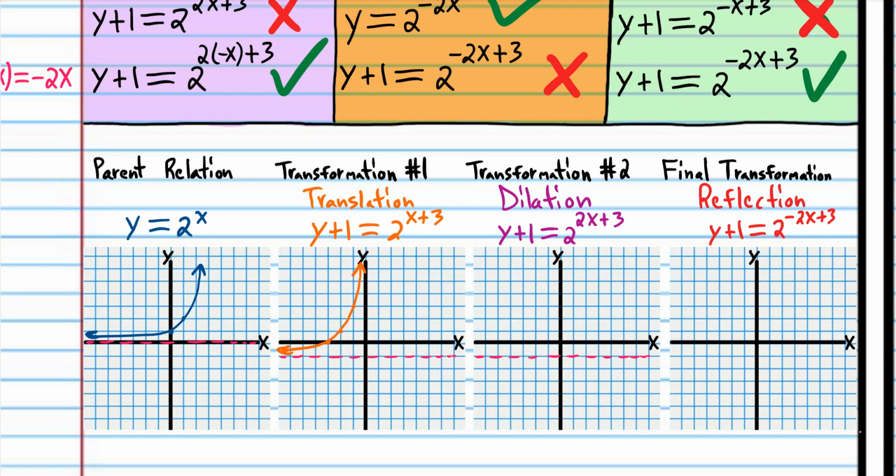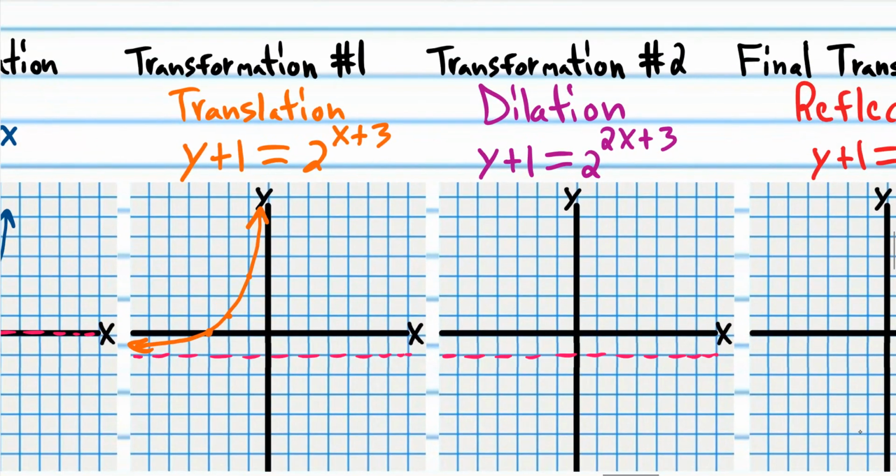So dividing all x values by 2, this point moves to there, and this point moves to there, and this point moves there. Just dividing all x values by 2, and we can connect the dots, and there you go.